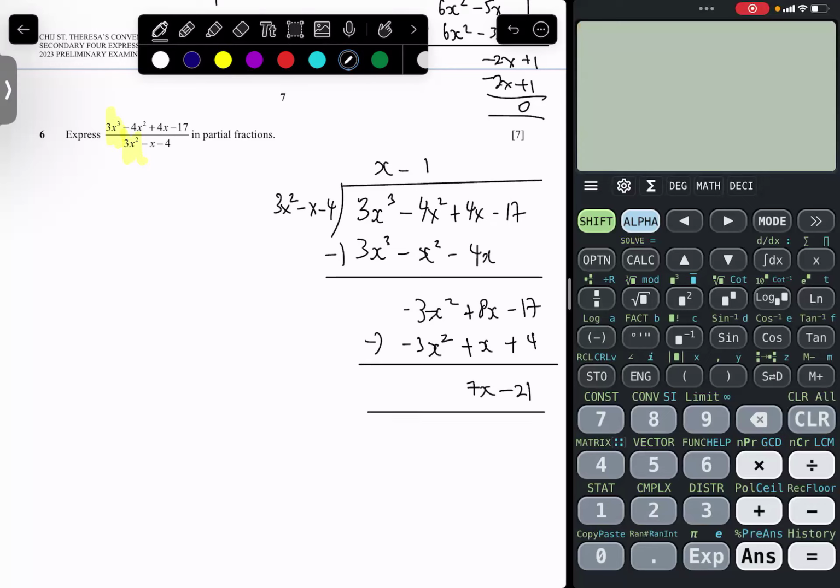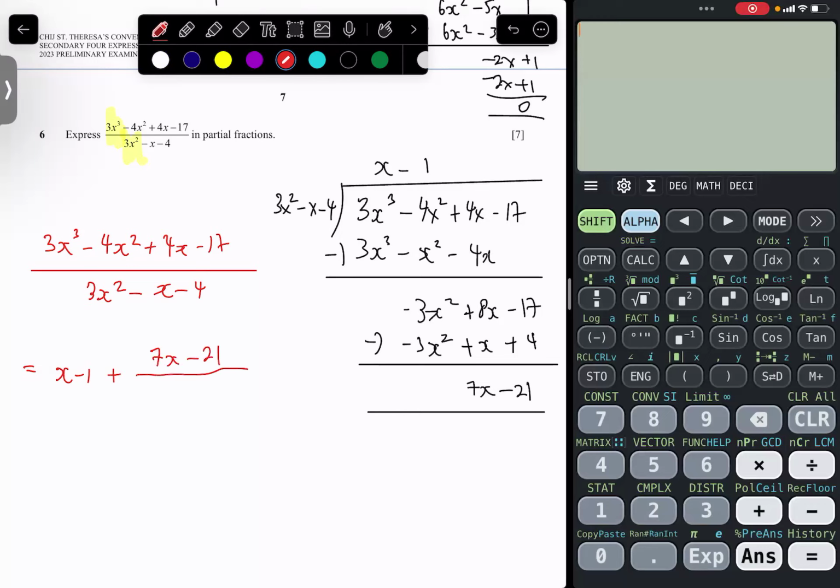So that means that this whole thing, 3x cubed minus 4x squared plus 4x minus 17, even before I do partial fractions, has already become x minus 1, that's the quotient, plus 7x minus 21 over, factorization of this, I'll get 3x minus 4, x plus 1.